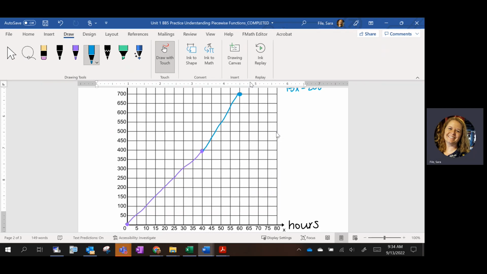Y'all feel okay about those? So that's a piecewise, even though it met here at a shared point, okay? It doesn't have to have gaps to be a piecewise, okay? But this was two different linear functions put together on the same graph, okay? So two different pieces. We good?